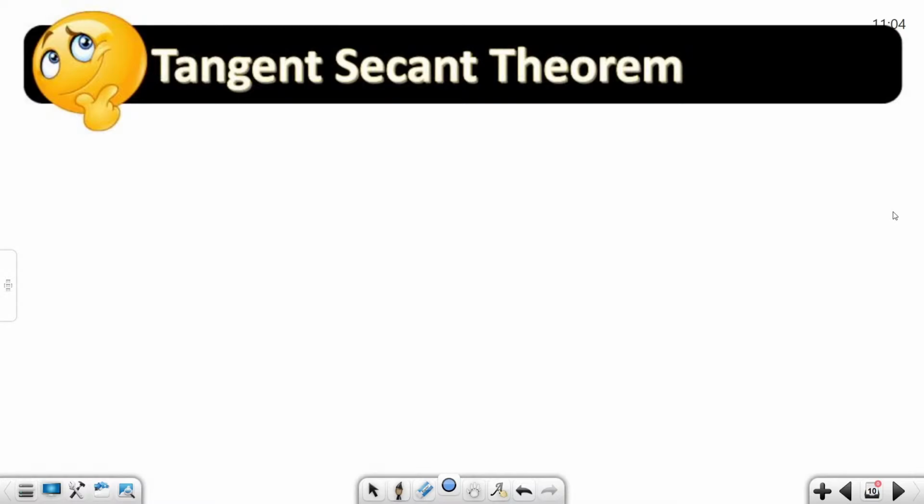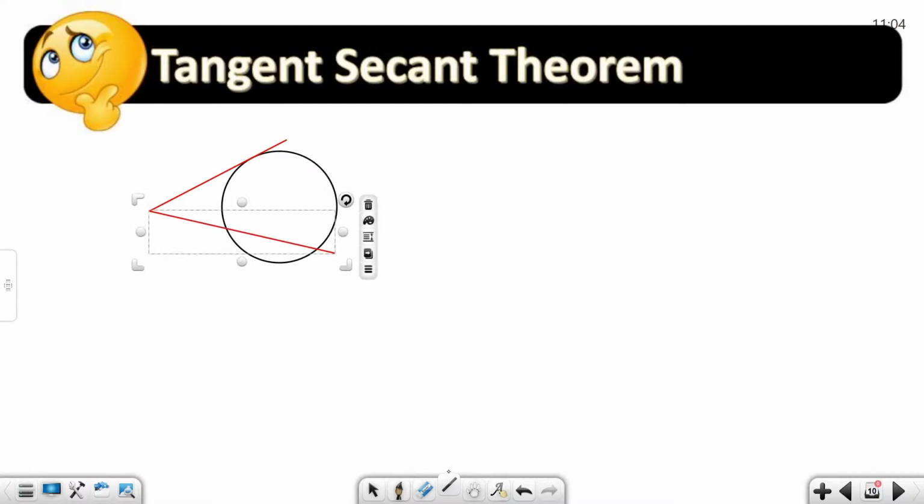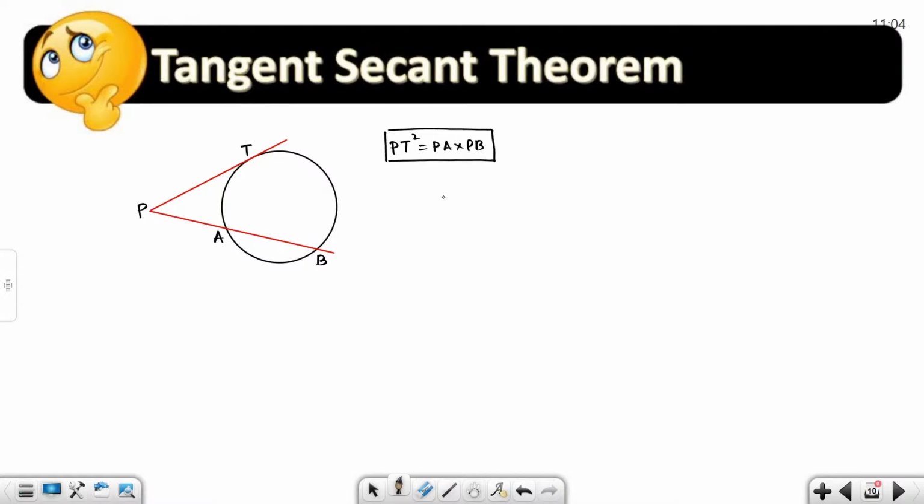This theorem states that if there is a circle and a tangent and a secant drawn from the same point, let the tangent be PT and the secant touching the circle at A and B. Then the theorem states that PT square equals PA into PB. And this theorem you have all proved in class 10 by using geometry.